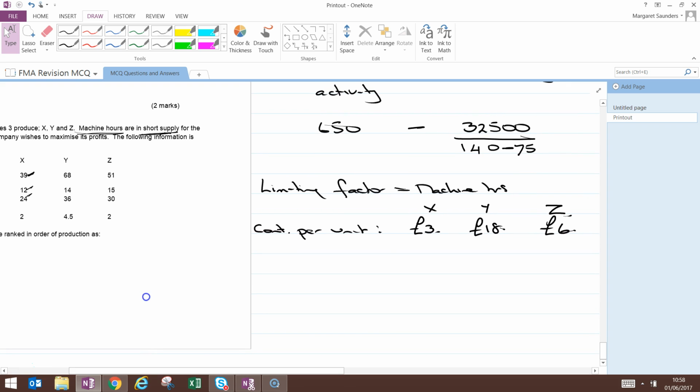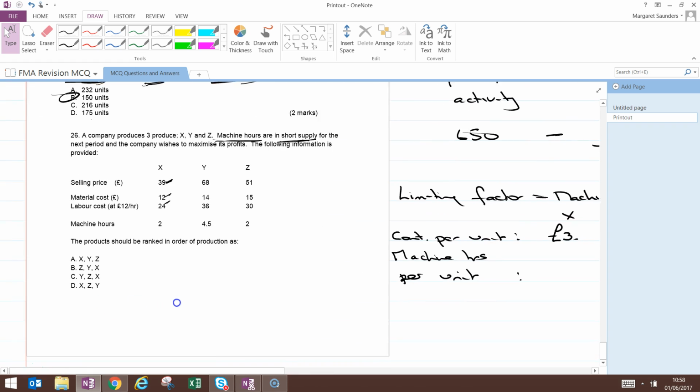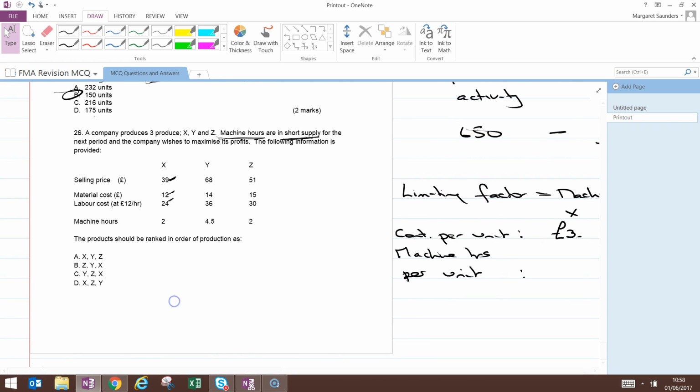Then we need to identify how much of the limiting factor we need for 1 unit of each product. So we know the limiting factor is machine hours. So what are the machine hours per unit? And we've been given them: 2 hours, 4.5 and 2.